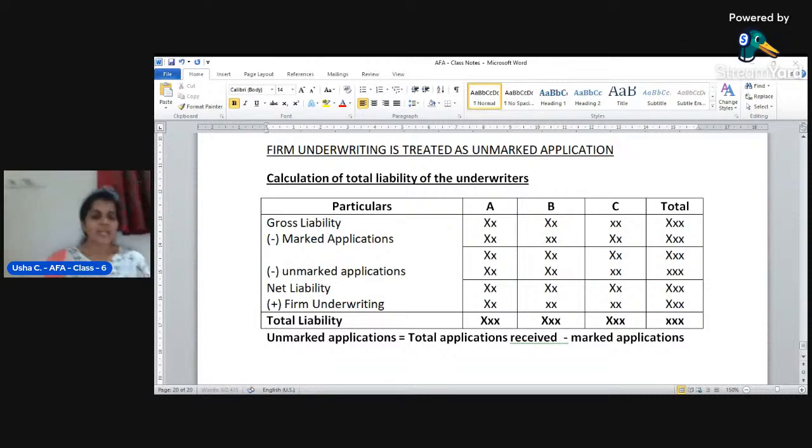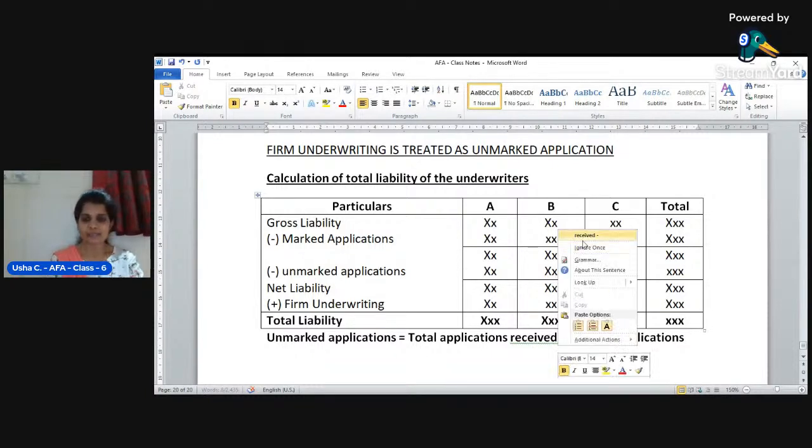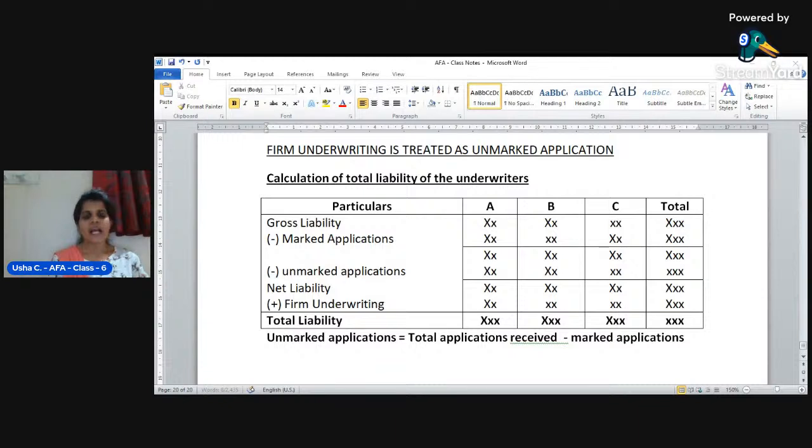Am I correct? Yes. But in this situation, when firm underwriting is considered as unmarked application, the unmarked application will be the total applications received, or we can say total subscription, excluding firm underwriting.